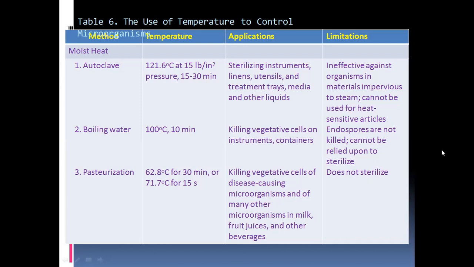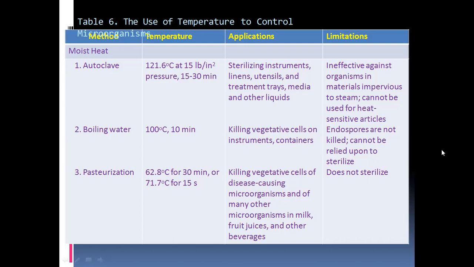Autoclave applies 121 degrees C at 15 pounds, sterilizing instruments. Then limitations. In fact, this autoclave is very ineffective against organisms in materials impervious to the steam, and cannot be used for heat sensitive articles.